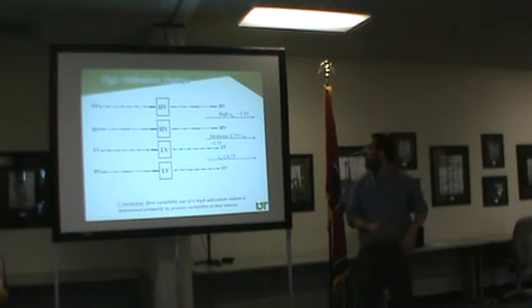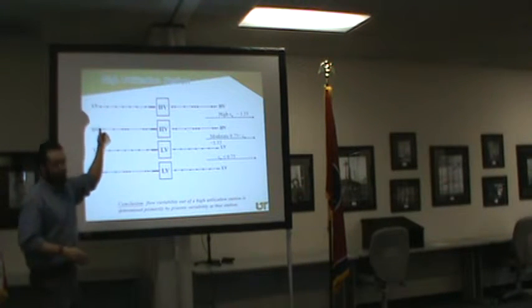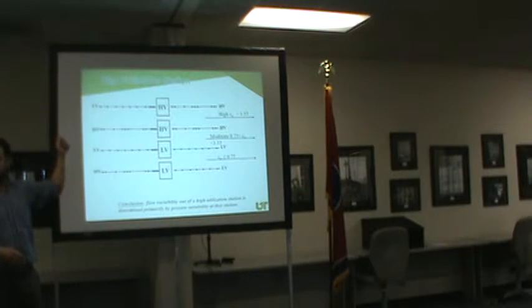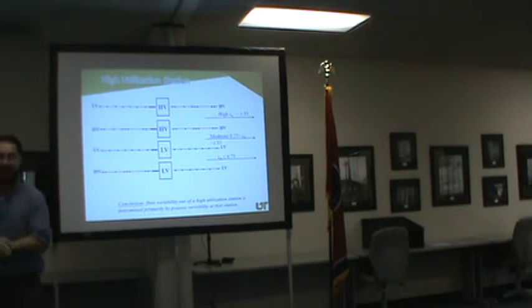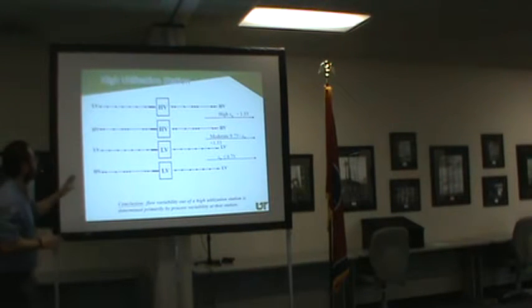So if we have a high utilization station, most likely a bottleneck, the propagation of variation is going to happen in this way.